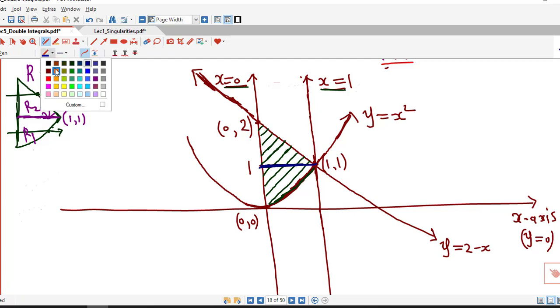So we consider some different color to make a difference between these two sub-regions. We consider this region as R1 and this region as R2, and now we consider horizontal lines passing through both the regions.